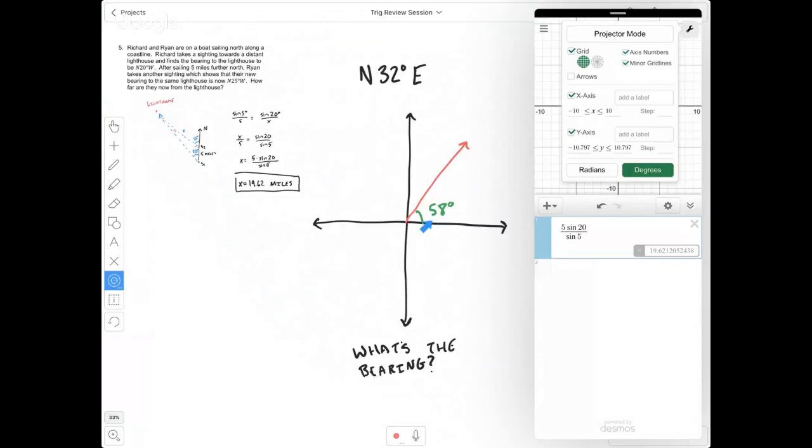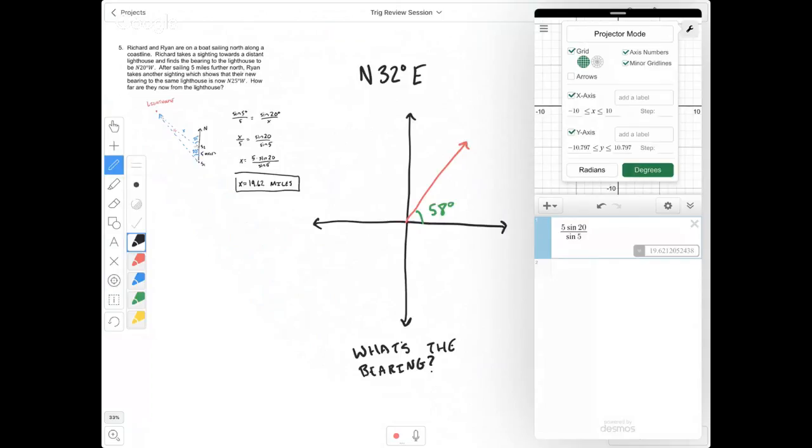So this given angle was 58, but when we go to write the bearing, it's north 32 degrees east, because the convention that our textbook uses is we always start with north or south and then write the bearing as a rotation away from north or south towards east or west.